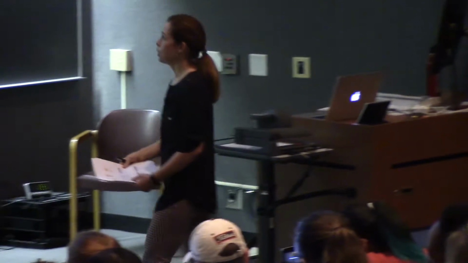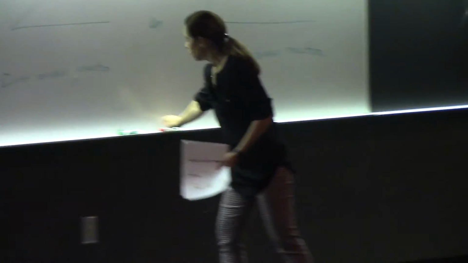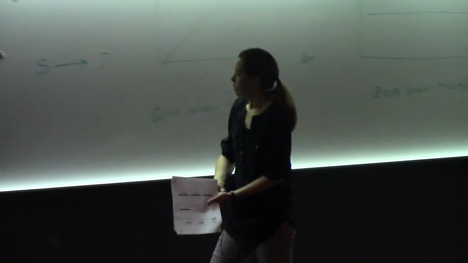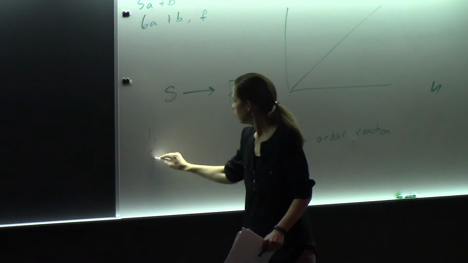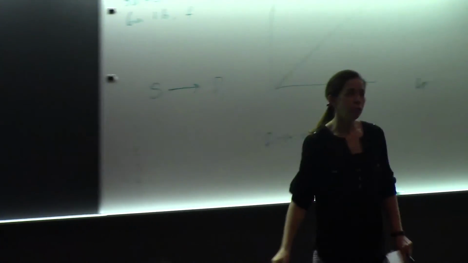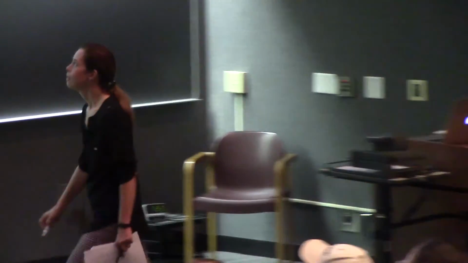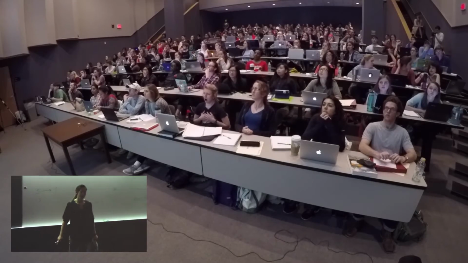Okay, so here's what we're going to do. I want you to vote if you like an answer or not. Let's see what we've got. How many of you like answer number 1? Three? How many of you like answer number 2?